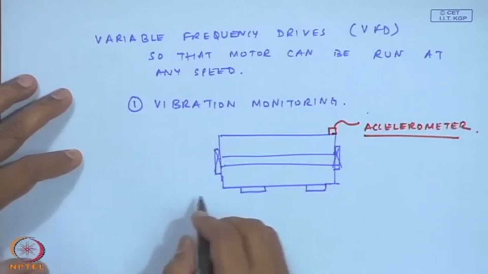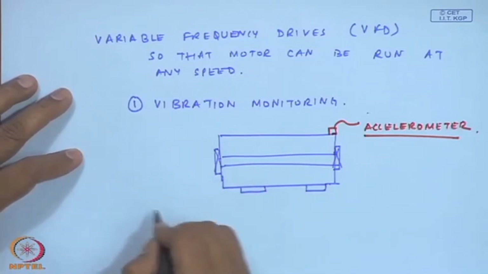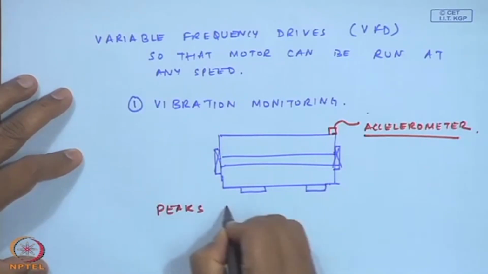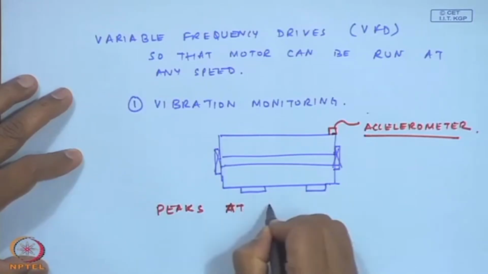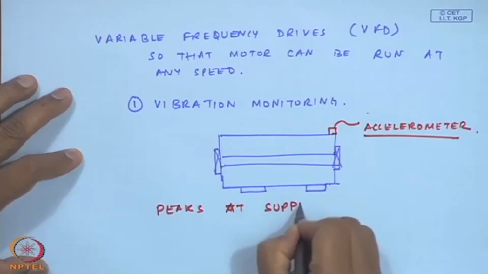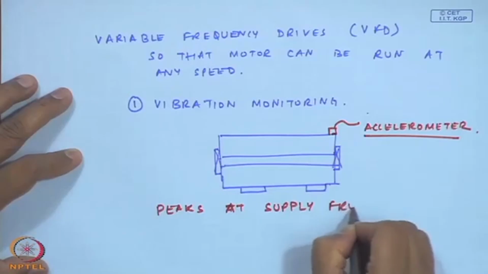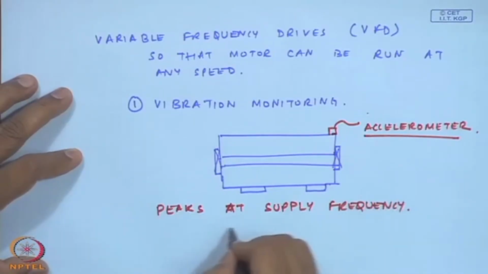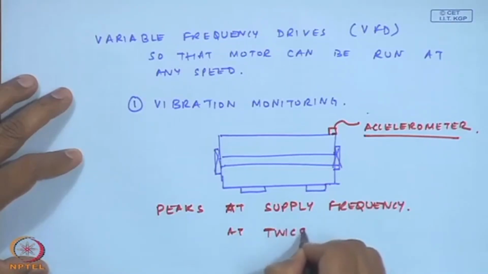And here what will happen, you will see that sometimes I will see peaks at supply frequency and also at twice supply frequency.